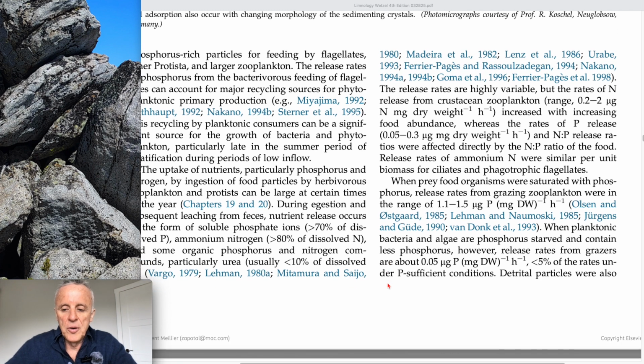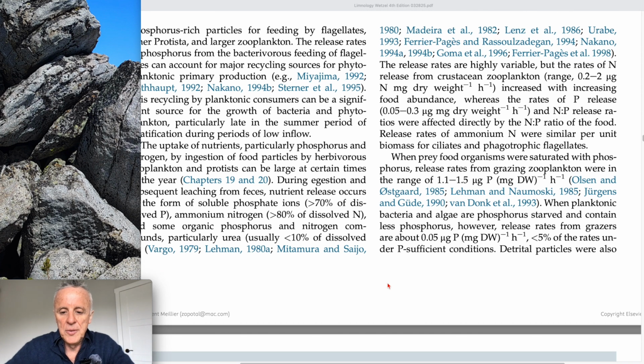Release rates of ammonium nitrogen were similar per unit biomass for ciliates and phagotrophic flagellates. When prey food organisms were saturated with phosphorus, release rates from grazing zooplankton were in the range of 1.1 to 1.5 micrograms of phosphorus per milligram dry weight per hour.